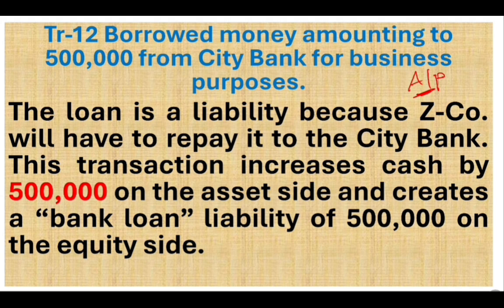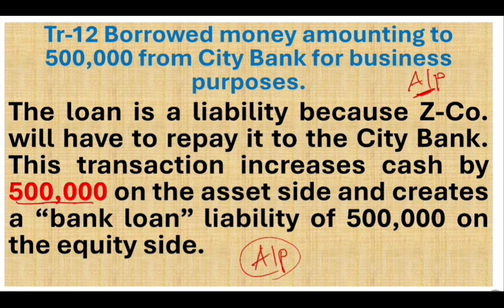This transaction increases cash by 500,000 because money is acquired by the Z company, amounting to 500,000 from Citibank. So the cash of Z company is expected to increase by 500,000 on the asset side, and it creates a bank loan liability of 500,000 on the equity side.